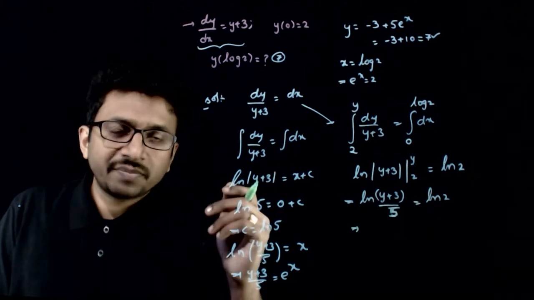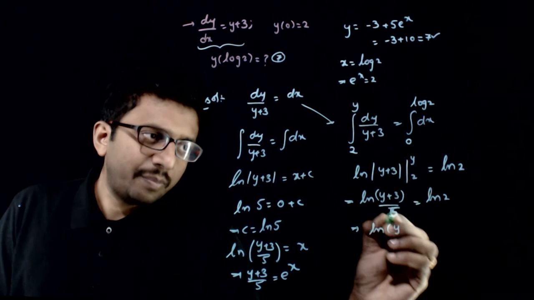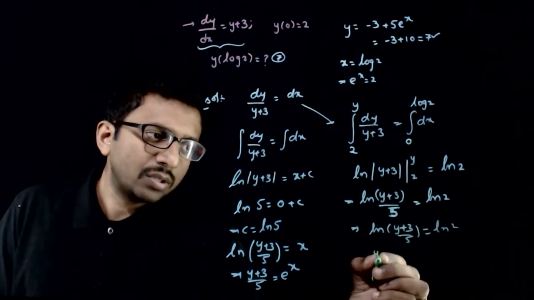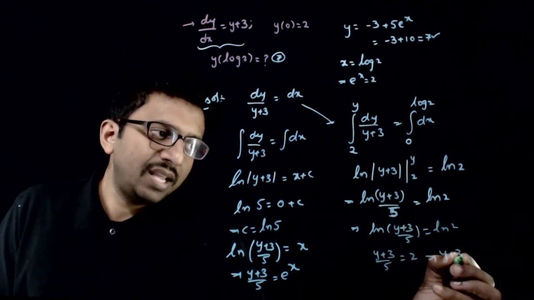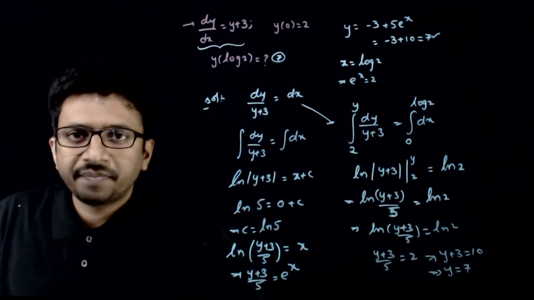So ln((y + 3)/5) = ln 2. So (y + 3)/5 = 2. So y + 3 = 10. Hence y = 7.